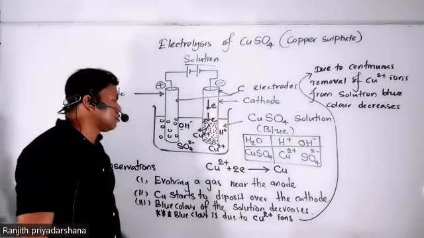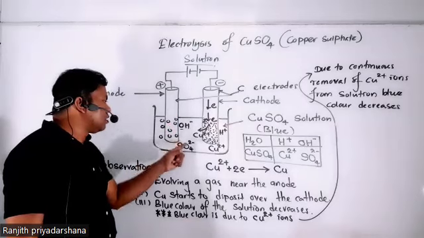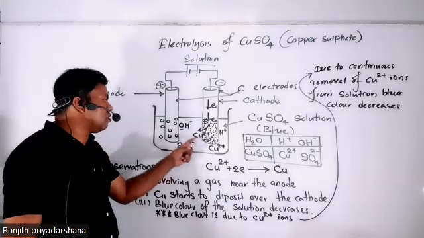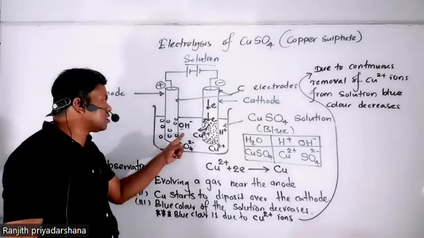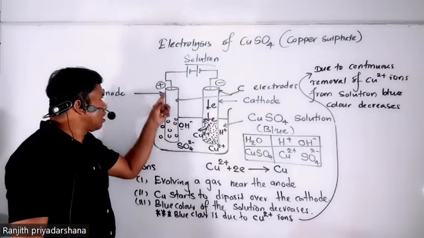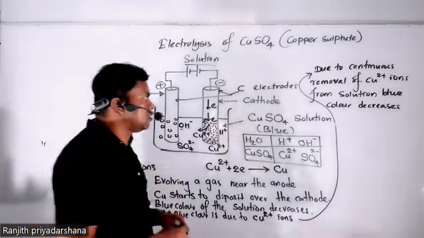To keep the copper ions level or keep the blue color level constant, yes, carbon anode is replaced by a copper rod.